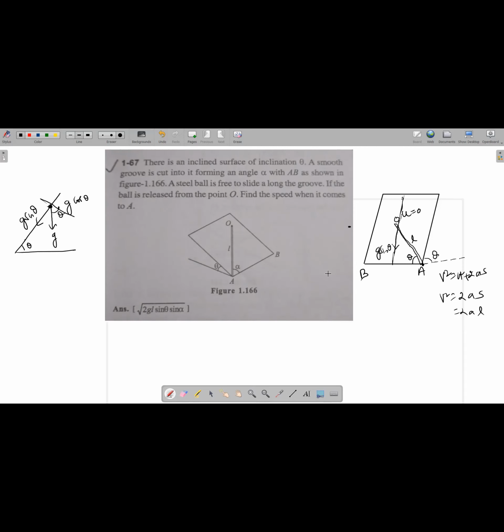Along the plane, the ball will slide down. But the groove is not made along that line, it is made like this.